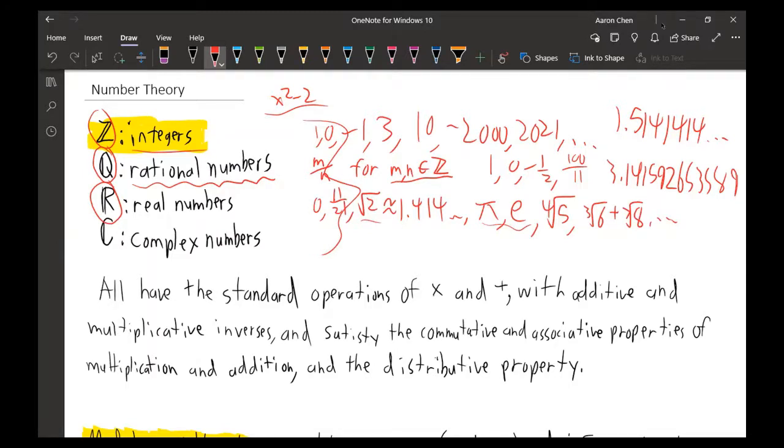Okay. And so next up are the complex numbers.